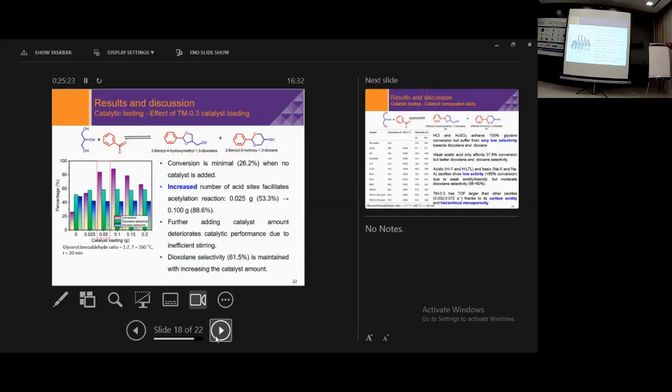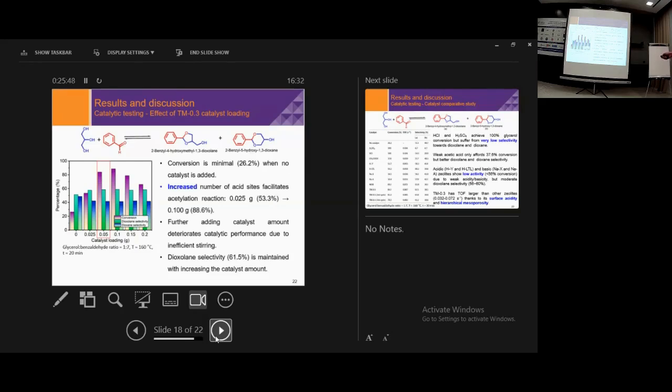For the catalyst loading, since TM0.3 is the best catalyst, we will study this parameter by using TM0.3 catalyst from 0 until 0.2 gram. And the temperature will be 160 degrees Celsius. Time is 20 minutes.